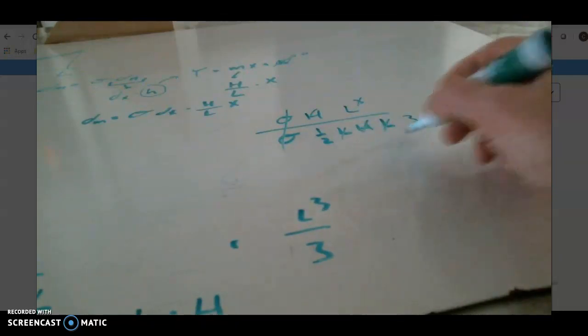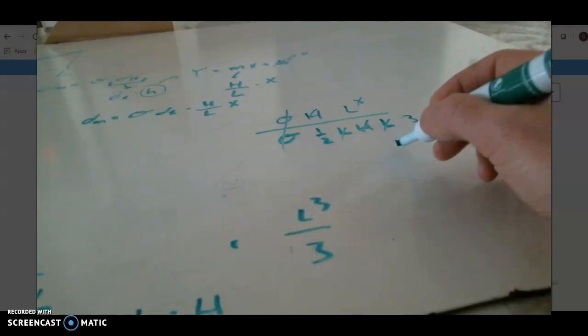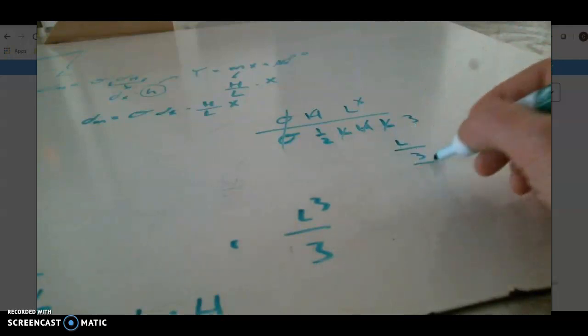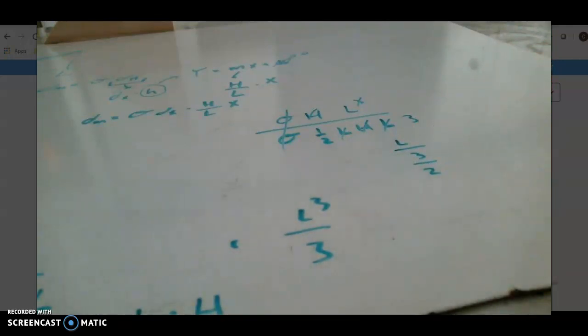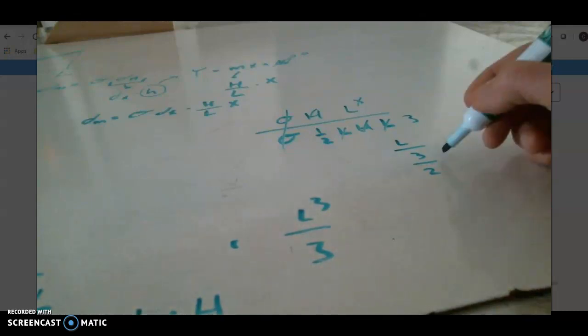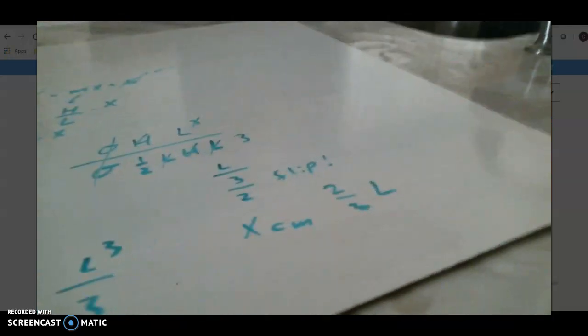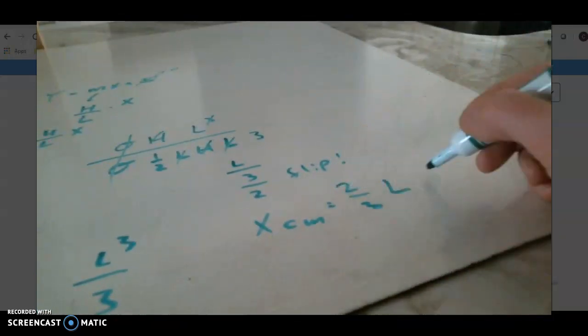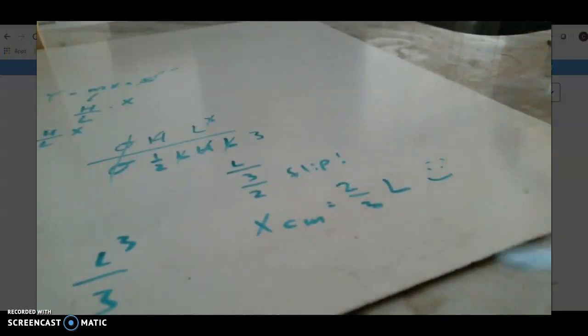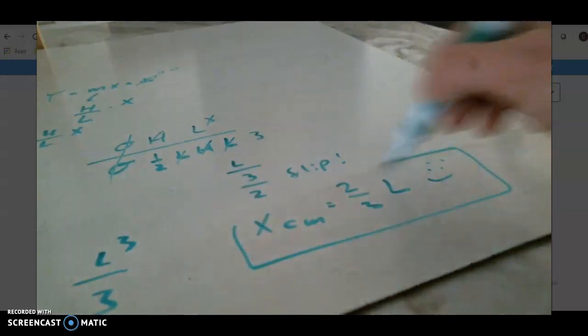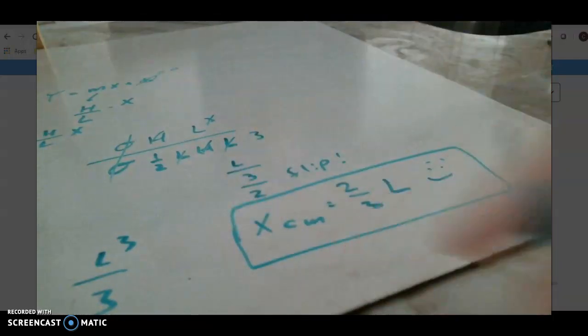So this is L over 3 over 2, isn't it? Which means I can flip, and it ends up being 2/3 L. Our X_CM is 2/3 L, and we have just found our X center of mass of a triangle, provided it starts at the origin.